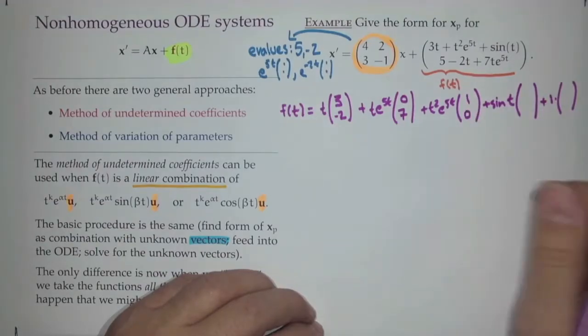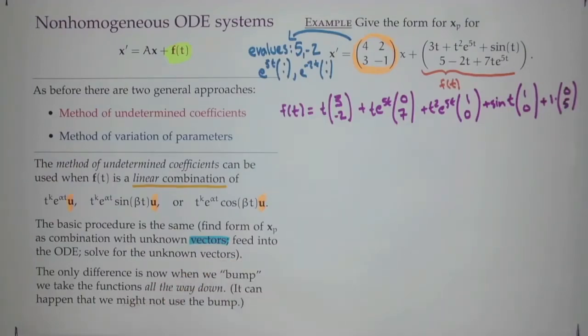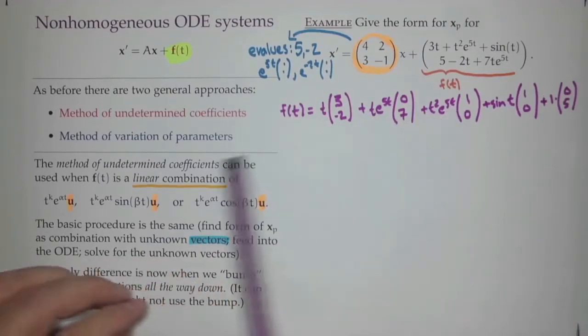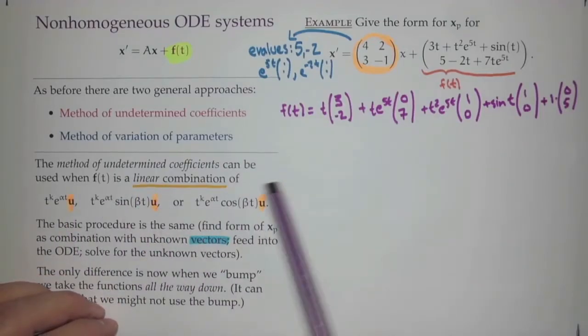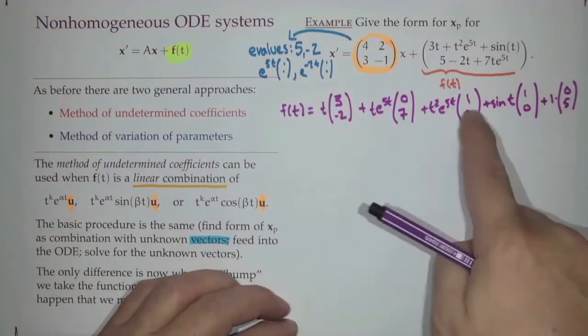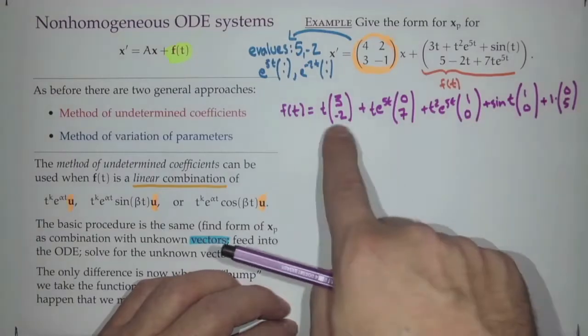Sine t? 1, 0. And the 1? 0, 5. So now we see that f of t is this combination of these functions, all of which fall into our category, times appropriate vectors. Now, in terms of setting up the method of undetermined coefficients, we don't really care about these vectors. We just care that they are there.